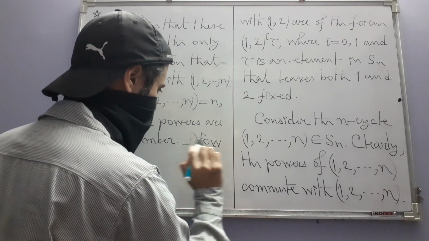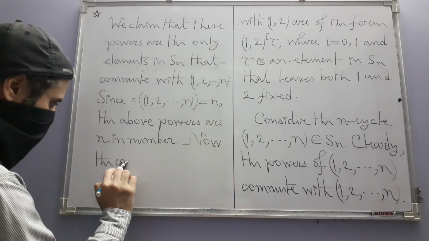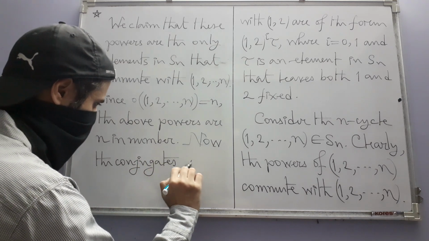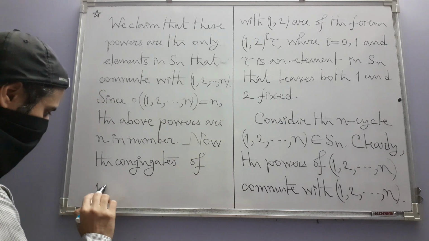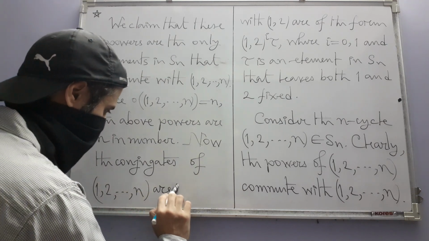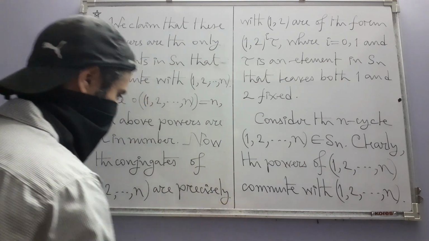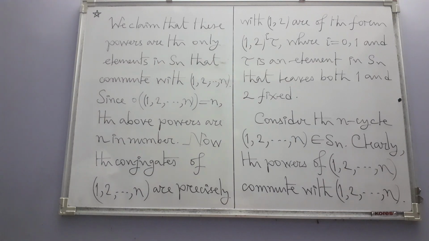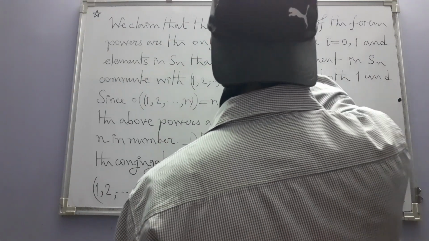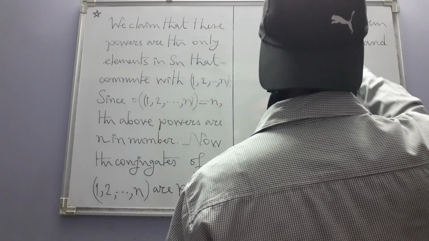Now the conjugates of these are precisely all the n cycles in Sn. This is just one n cycle, there will be others. And we now need to know how many n cycles there are in Sn.